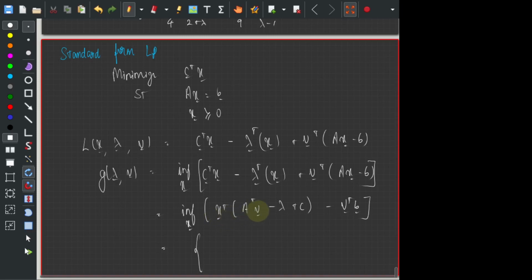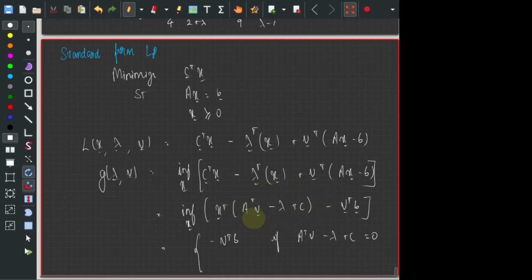Now, if A transpose v minus lambda plus c equal to 0, then what is the infimum equal to? It's equal to minus v transpose b, if A transpose v minus lambda plus c equals the 0 vector.